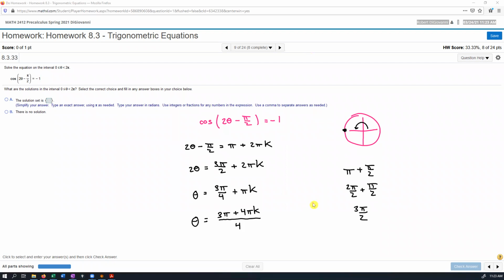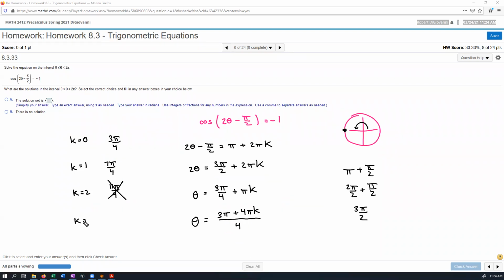Okay, so I have the general solution. Now I need to start checking values of k. If we let k be 0, we get 3 pi over 4, which is definitely less than 2 pi. If k is 1, we get 7 pi over 4, which is definitely less than 2 pi. If k is 2, we get 11 pi over 4, and that is bigger than 2 pi because 11 over 4 is bigger than 2.